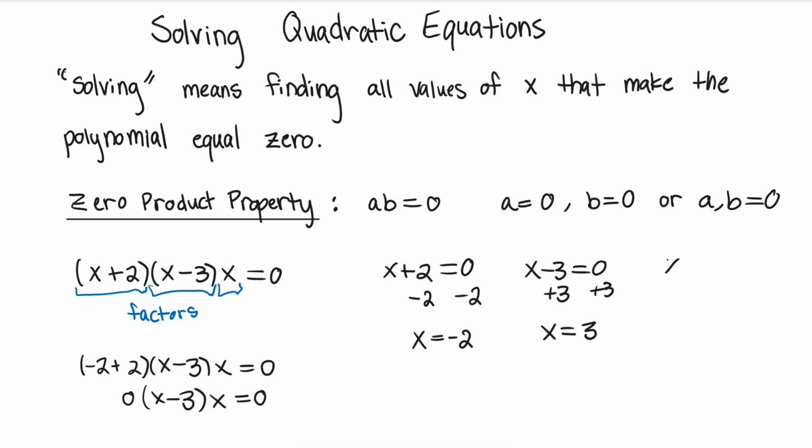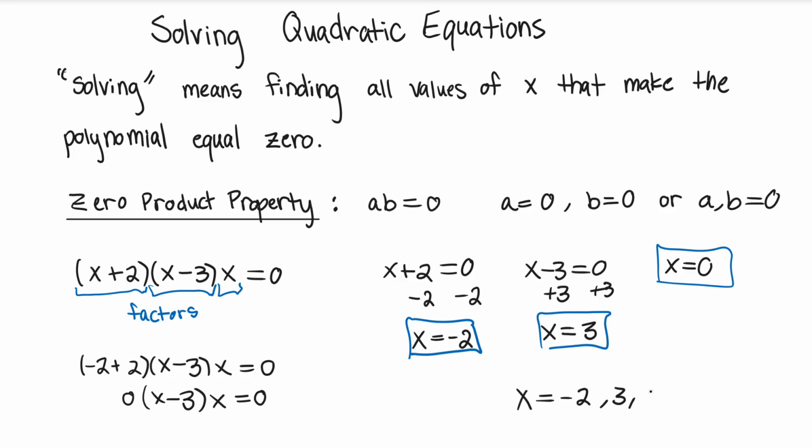If I set that factor equal to 0, it's already solved for x, which means the three numbers that I could possibly have for x that would give me 0 for this polynomial are negative 2, 3, and 0, which means the solutions to this equation are negative 2, positive 3, and 0.